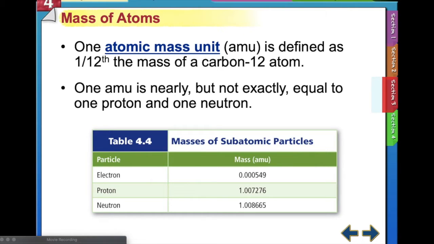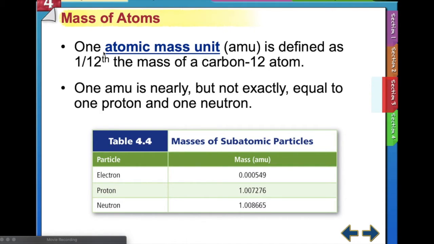Chemistry did the same thing. They took carbon-12, it's a very common atom, and it very typically has 6 protons and 6 neutrons. So if you add those together, it's 12, and then you divide that by 12, you get about 1 mass of whatever they wanted to start with.